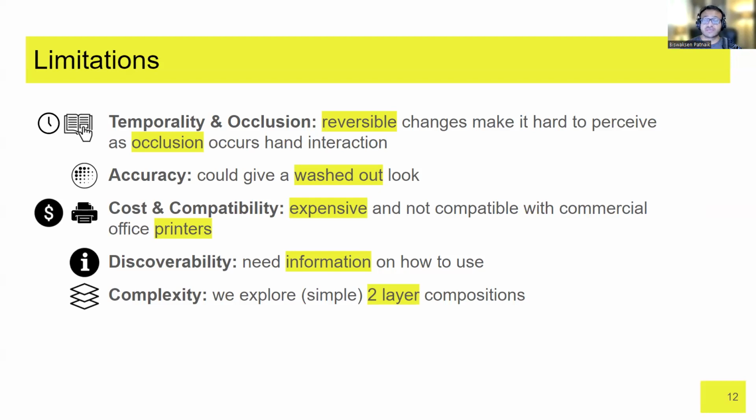We need additional information to understand how to use a color-changing ink composition. Complexity. In this work, we show simple two-layer compositions, but this does open up prospects for future work where we can explore how multiple kinds of color-changing inks, which respond to different stimuli, can be combined to make a complex composition built with more than two layers.